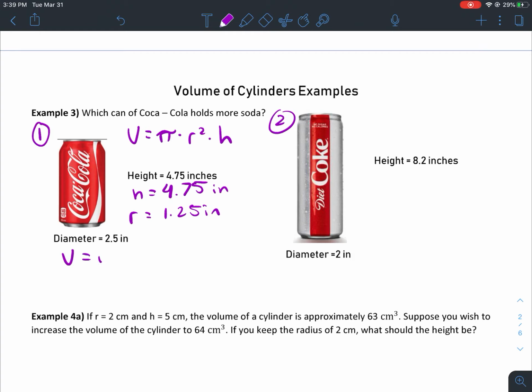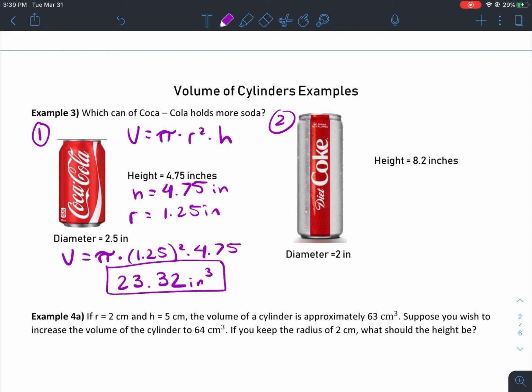We know our volume is equal to pi times our radius squared, which is 1.25 squared, times 4.75. You can plug this into your calculator, and I got 23.32 inches cubed. So that is my answer for the first one.